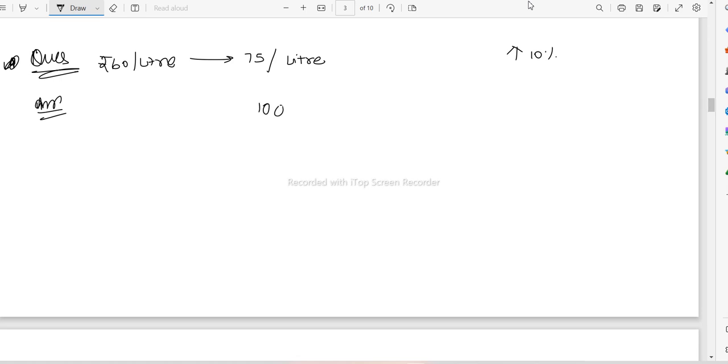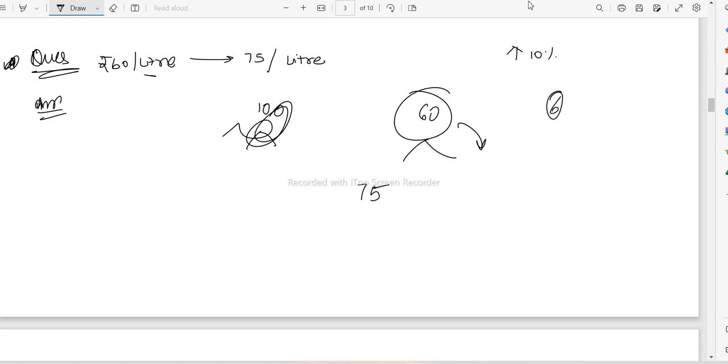These kind of questions, typically, just do it like this. Earlier it was 60, now it is 75. And you have to make it how much? What would be 10% of 60? It would be 6. So it would be 66. So there would be an increase of 6.